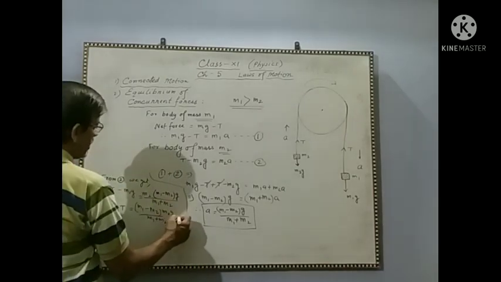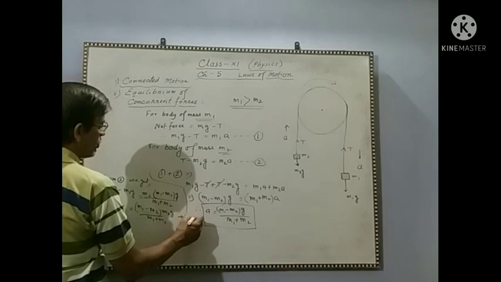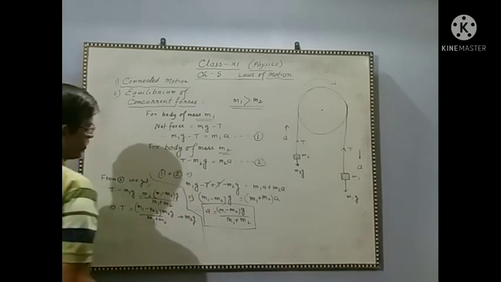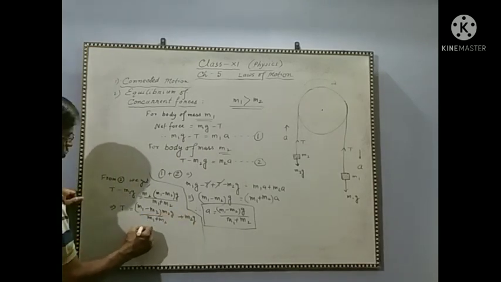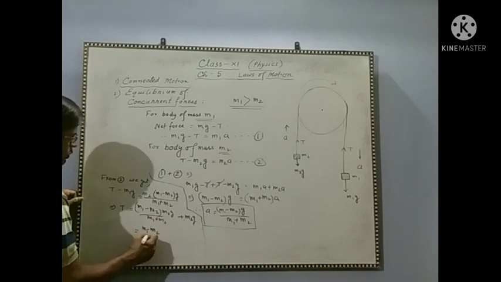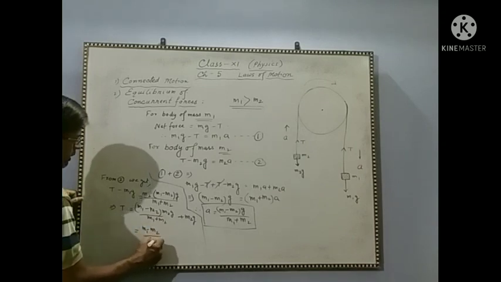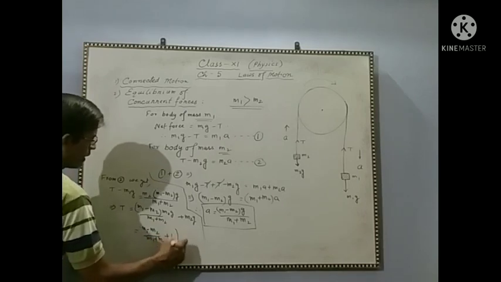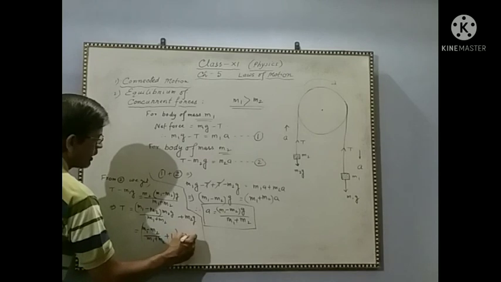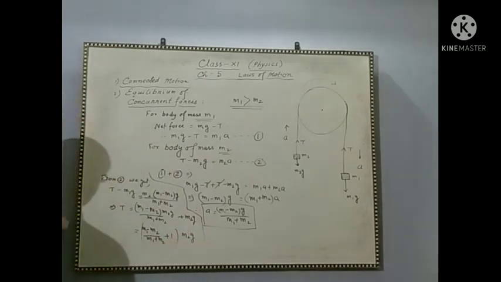This M2G is taken in this direction. Take common M2G, so M1 minus M2 by M1 plus M2 plus 1. We take common M2G.